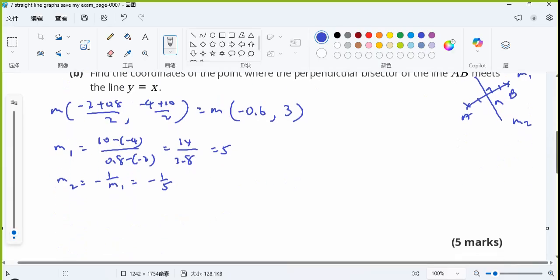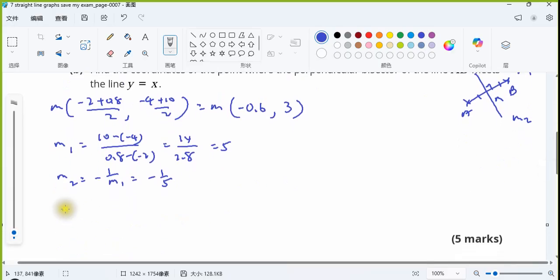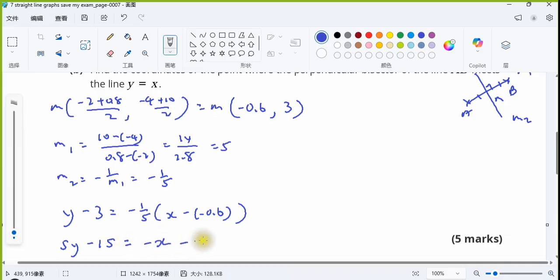Gradient 1 times gradient 2 equals negative 1. So we want to find the equation. It will be y minus 3 equal to negative 1/5 times (x minus negative 0.6). So 5y minus 15 equal to negative x minus 0.6.